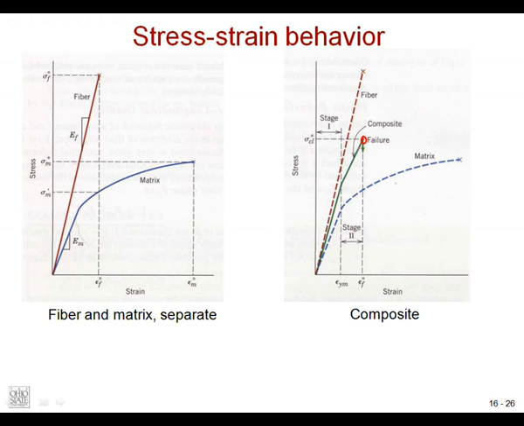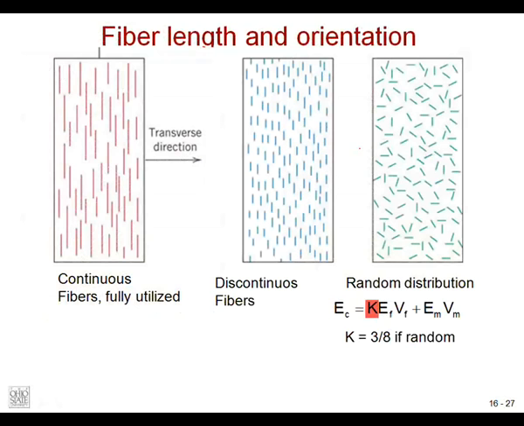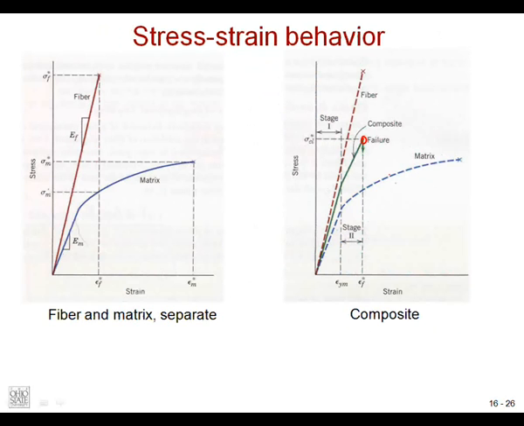At that point, when the fibers stop bearing any load, we've immediately overstressed the matrix. So here we're above the failure stress of the matrix. So as soon as the fibers aren't able to bear anything, it's a brittle fracture.